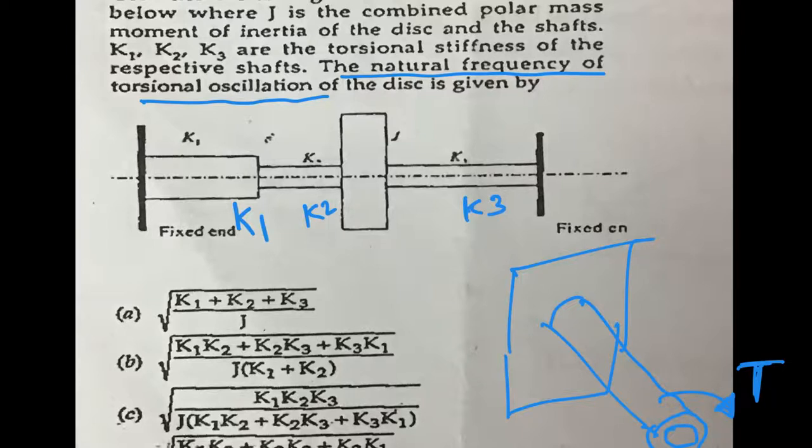So I gave you three examples in order to appreciate that there are different kinds of vibration. A system can vibrate, the same system in fact can vibrate in different ways depending upon the kind of initial excitation that you provide to the system. Makes sense? So here we are talking about torsional vibration. So torsional vibration will be governed by the torsional stiffness of the system.